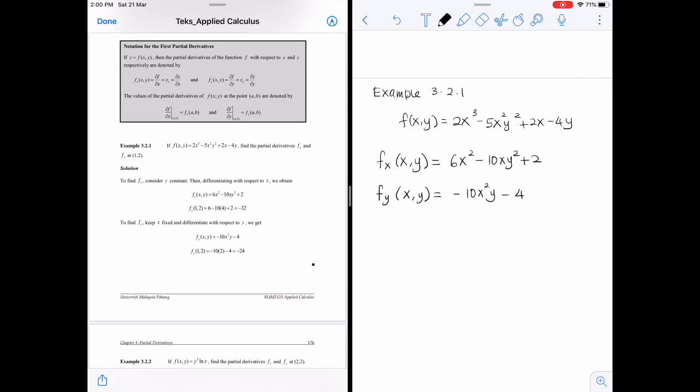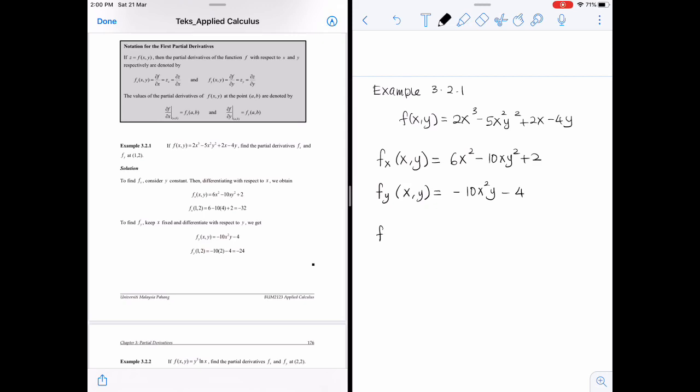Okay, so now we have been asked to find the value of the partial derivative at point (1, 2). So what you need to do is just substitute x equal to 1 and y equal to 2 into both partial derivative functions. So for the partial derivative with respect to x at point (1, 2), we have 6 times 1 to the power of 2 minus 10 times 1 times 2 to the power of 2 plus 2.